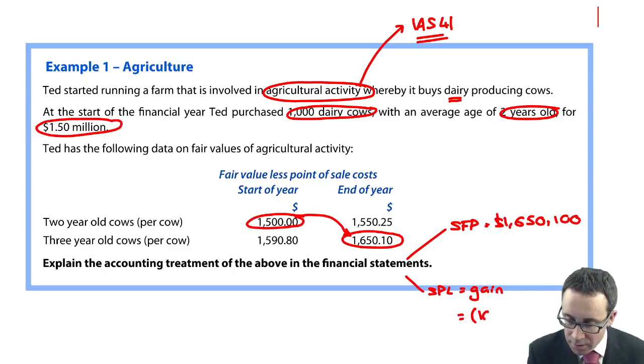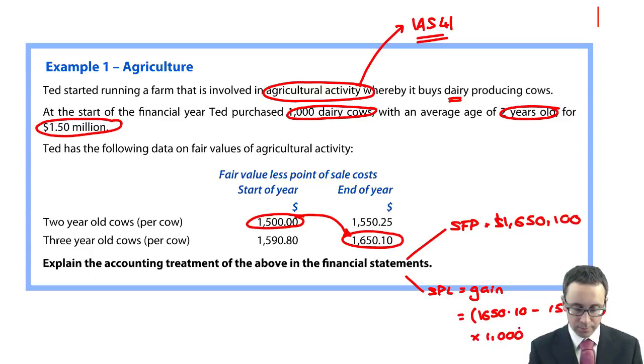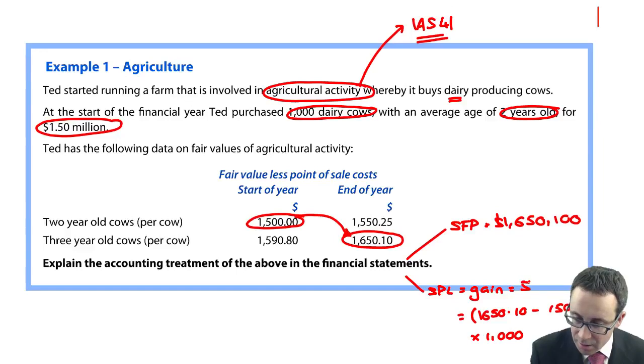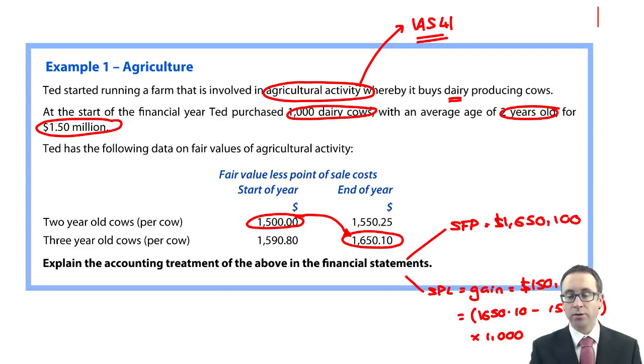So is that 1,650.10 less the 1,500, multiplied by 1,000? And that gives me a gain of 150,100.